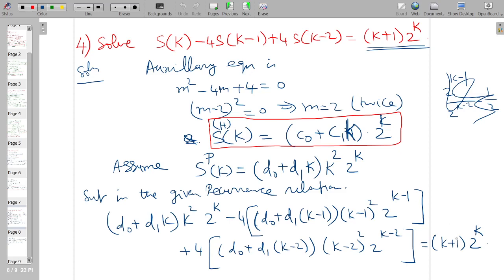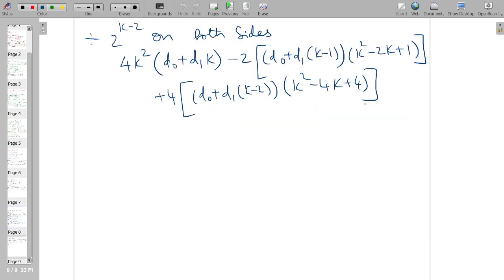When I divide it with 2 power k minus 1, I will have 4 here, so this will be 4 into k plus 1. Now from this I require two equations, because here I have two unknowns d0 and d1.